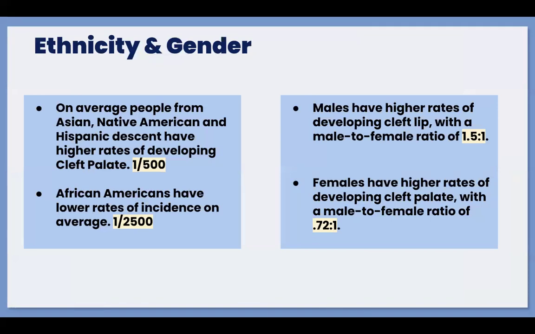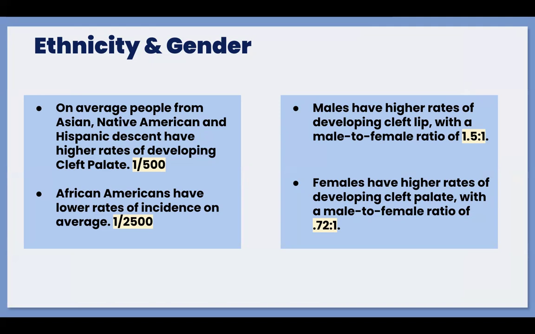Ethnicity and gender: on average, people from Asian, Native American, and Hispanic descent have higher rates of developing cleft palate, so they have like a 1 in 500 chance. African Americans, however, have lower rates of incidence on average with a 1 in 2,500 rate.